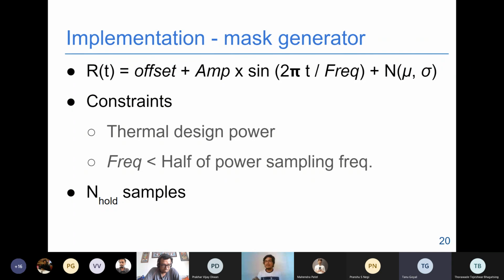Otherwise, you won't be able to detect the distribution that you are sampling. Once you've sampled random values for these parameters, for the next n-hold number of samples of R of t you use the same parameter values. Once you've generated n-hold samples, you change your parameter values by again randomly sampling these parameters.